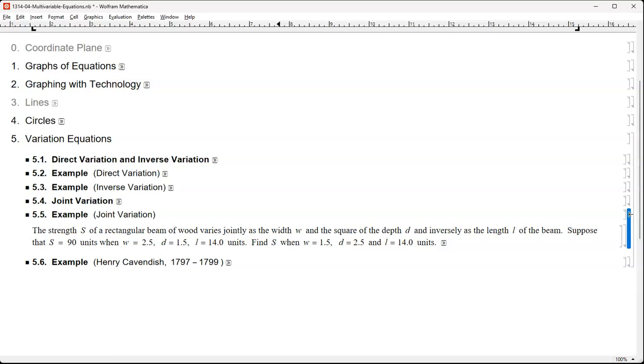Suppose that the strength is 90 units when the width is 2.5, D, the depth, is 1.5, and L is 14.0. Find the strength S when W is 1.5, D is 2.5, and L is the same as before, 14.0.